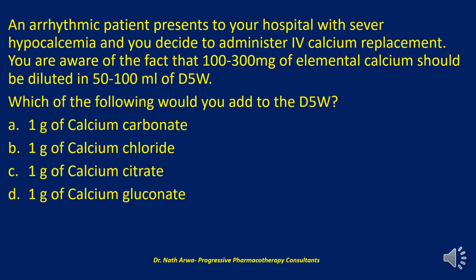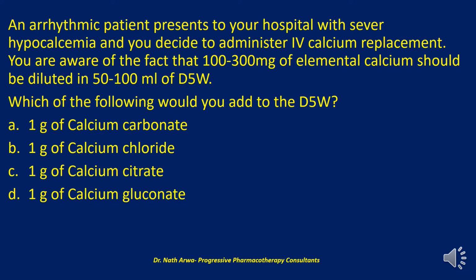So in our next question, an arrhythmic patient presents to your hospital with severe hypocalcemia, and you decide to administer IV calcium replacement. You are aware of the fact that 100 to 300 milligrams of elemental calcium should be diluted in 50 to 100 ml of 5% dextrose in water.